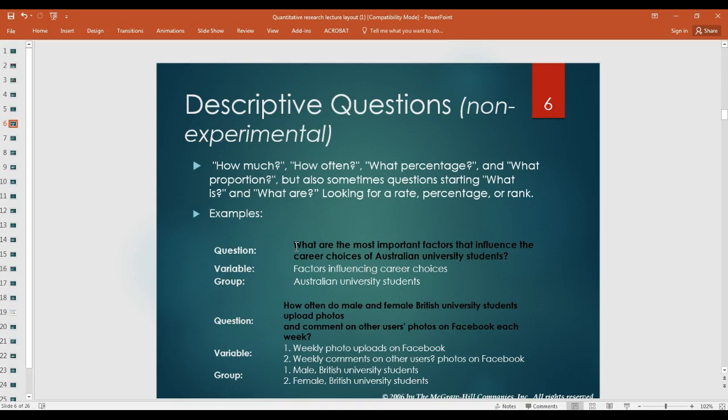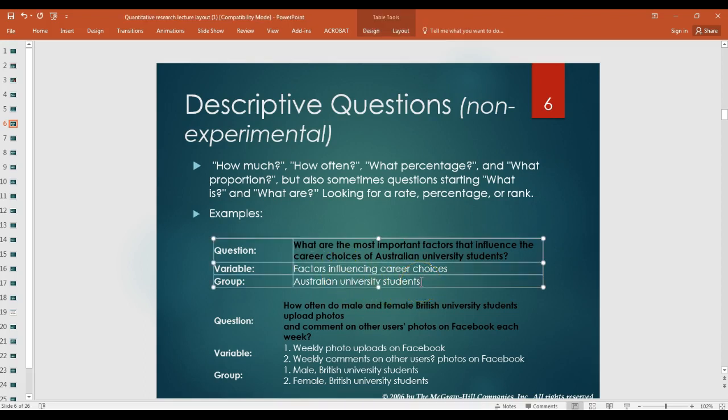That's what you want to assess or explore. The group that you're going to study is Australian university students. That's who you're really interested to know more about.